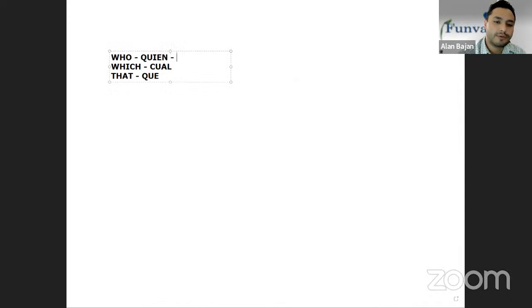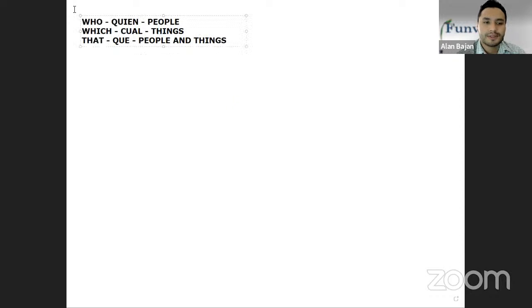So who is for people, which is for things, and that is for people and things. Please take note of these three words because these are three important words in the relative clauses.